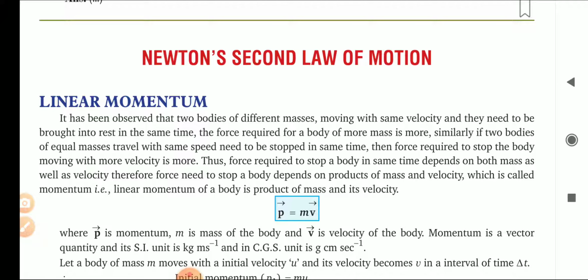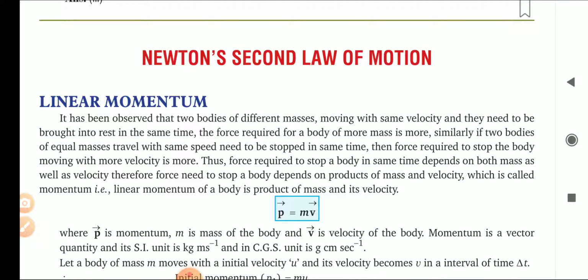So here it suggests that the rate of change of momentum of a body is directly proportional to the impressed force. Momentum, all of you know that momentum is mass into velocity. कोई भी मास किस वेलोसिटी से मूव कर रहा है, that is its momentum.